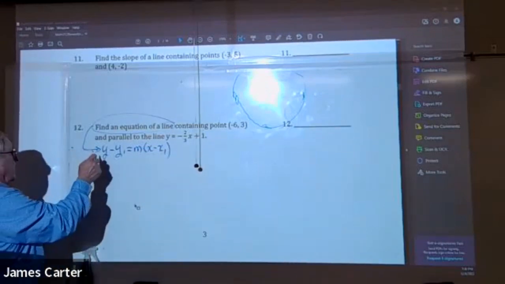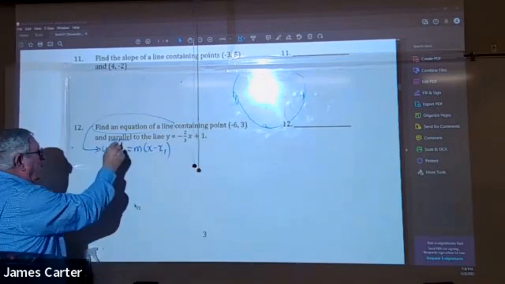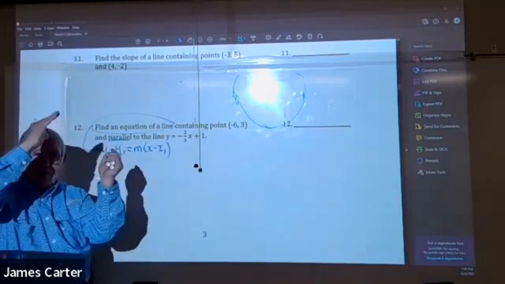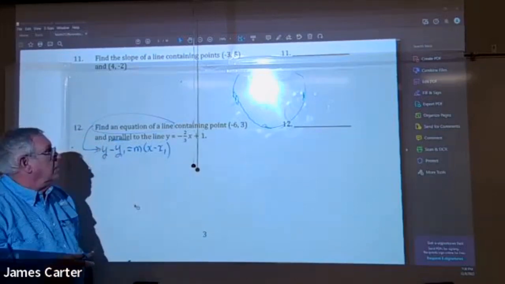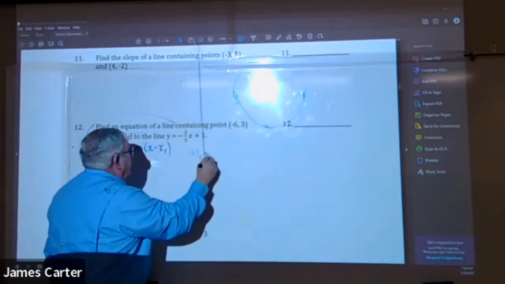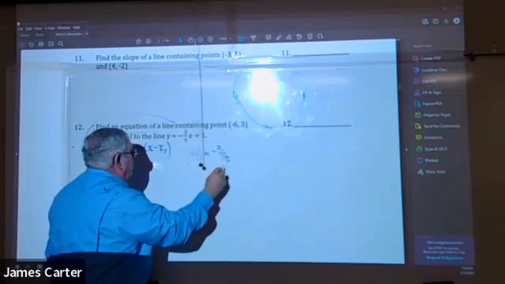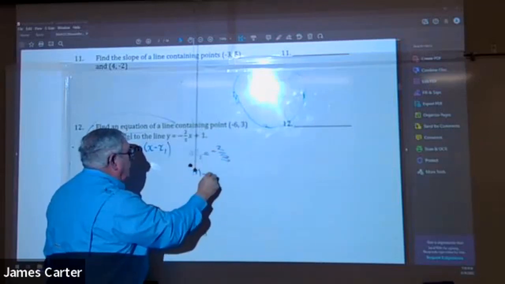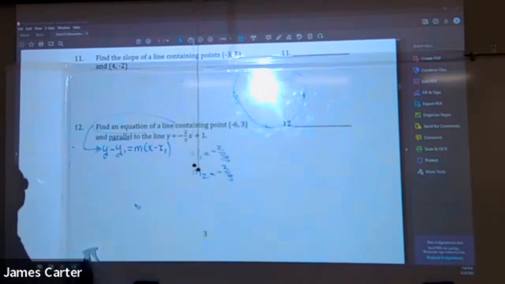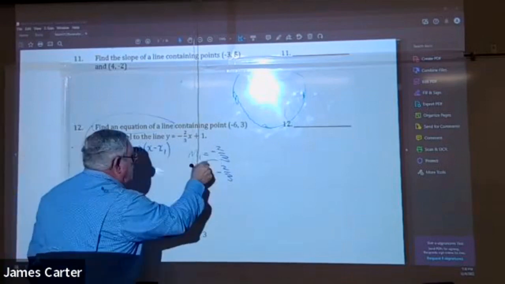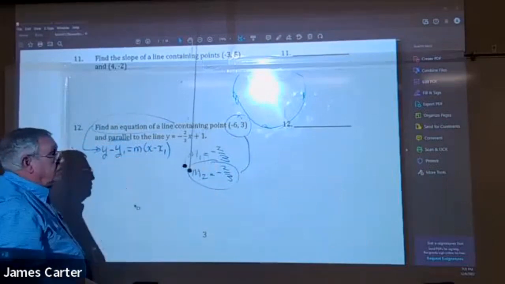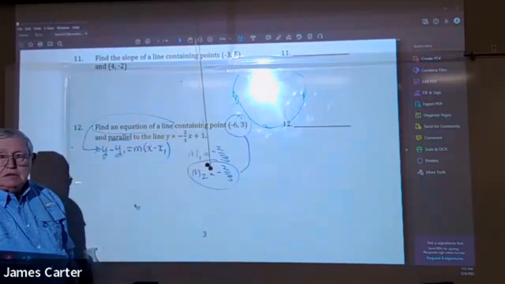Now, this one says parallel. What do we know about parallel slopes? They're the same, right? So if slope number one is -2/3, then slope number two is also going to be -2/3. So now we're going to use this slope with that point and that equation to answer this.